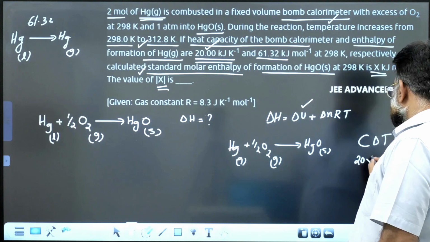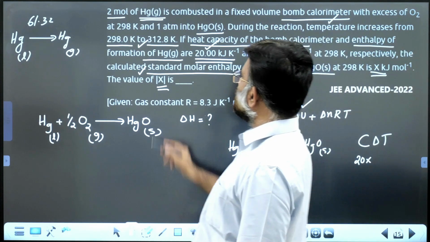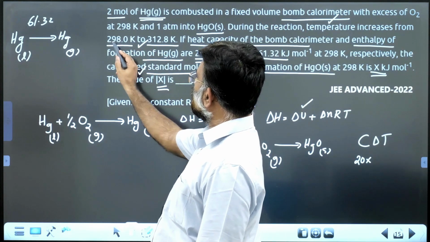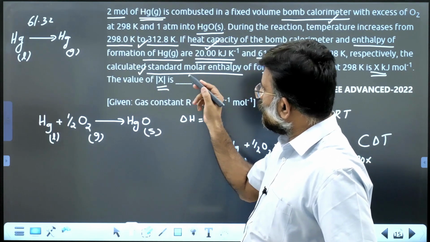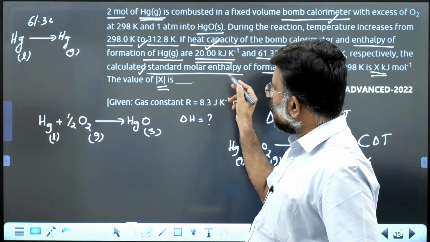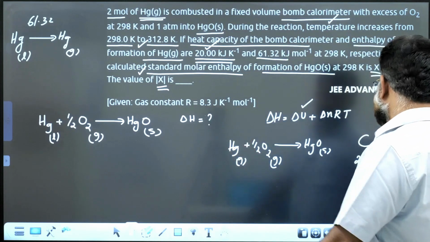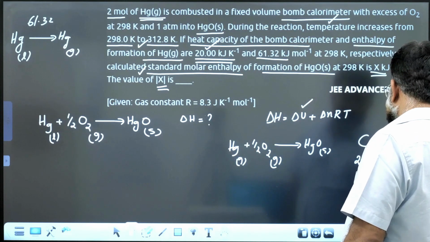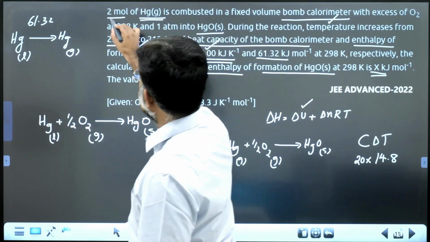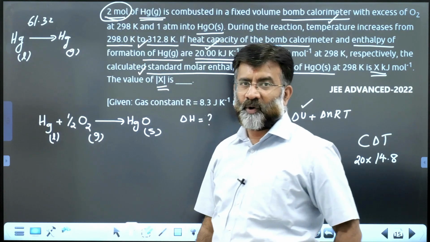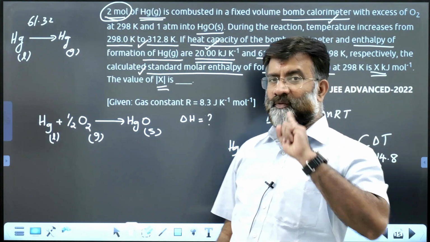will be 20 into, what is delta T? 312 minus 298, so it is 14.8, isn't it? So it is 14.8, this much kilojoule for 2 mole mercury. So what about 1 mole mercury?